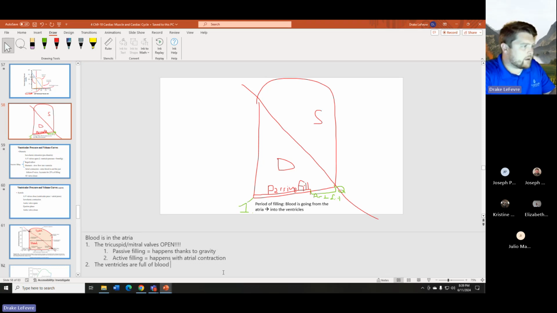So what needs to happen? When the ventricles are full, the AV valves close. I want you to think of the valves as doors, right? Does a door make noise when you open it or when you close it?